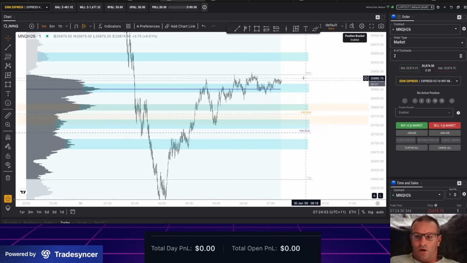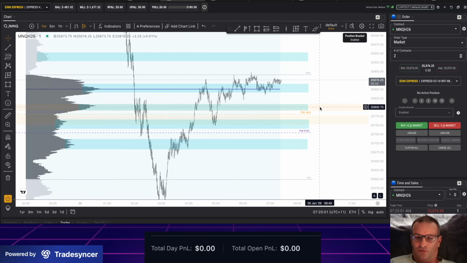So if we've only got one confluence, you're risking 2 micros. 2 confluences, which would be, say, here, where we've got the previous week low volume node overlapping with a high volume node, 4 micros. And if we had 3 confluences, then we'd be risking 6 micros currently.